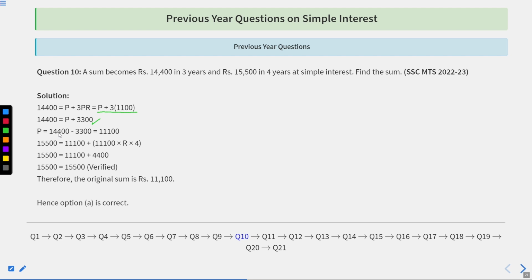So P is equal to 14,400 minus 3,300 equal to 11,100 rupees. So the sum of money originally invested was 11,100 rupees. So the option correct here is option A.